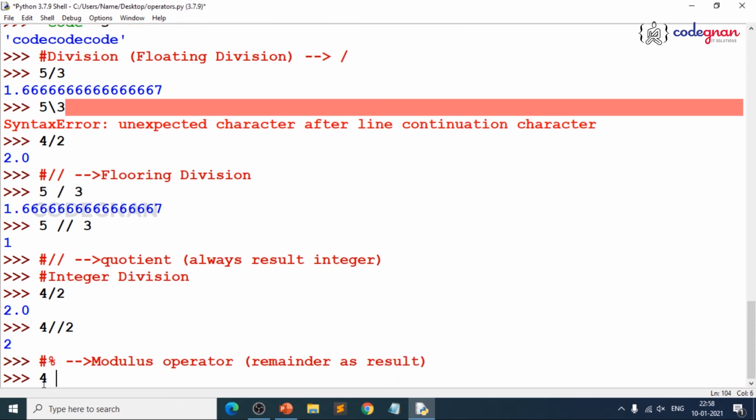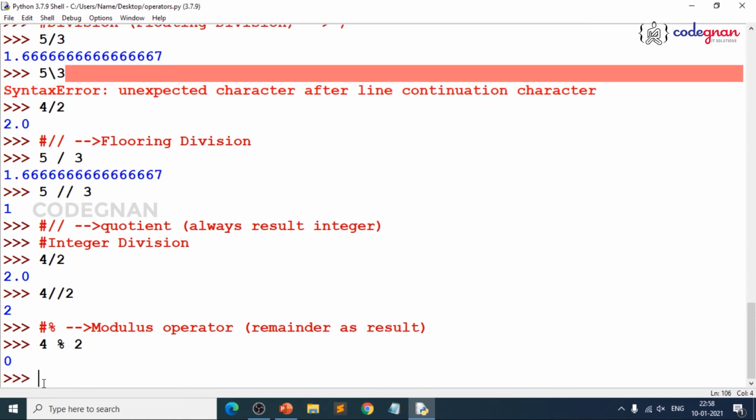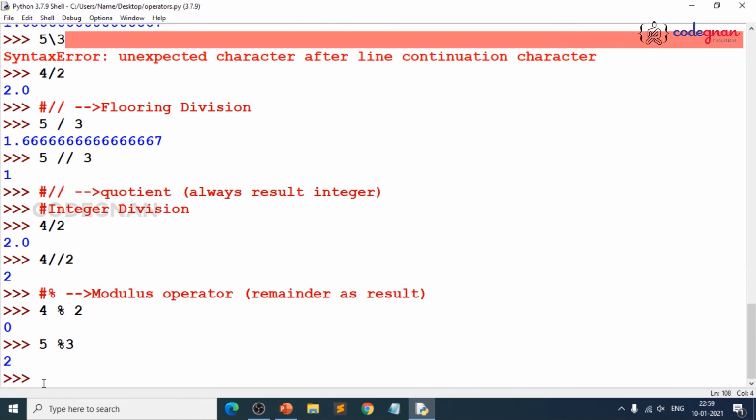If you go for 4 percent 2, the remainder is 0, right? 2 twos are 4, 4 minus 4, the answer is 0. So, 5 percent 3 is 2, because 3 ones are 3, you get 2 as the remainder. So, percent will always take the remainder. Double slash will always give you the quotient, right?